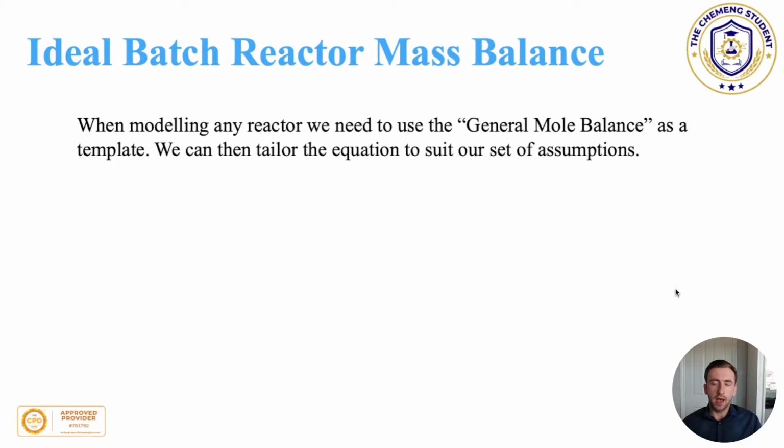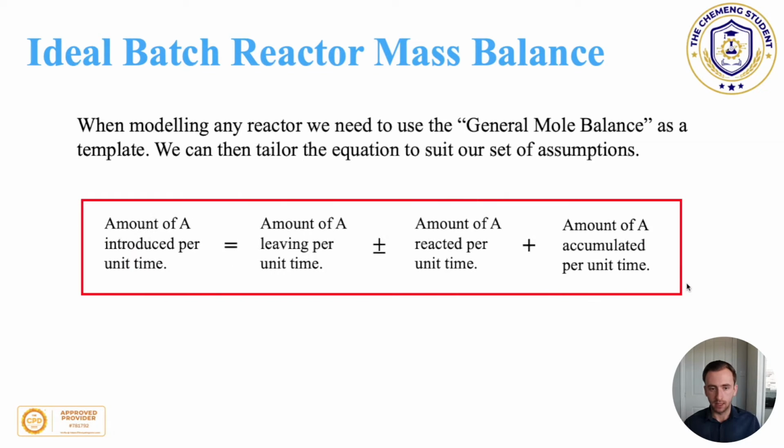Now let's take a look at the material balance first, and then we'll look at the energy balance. When we model any reactor, we have to apply the general mole balance.